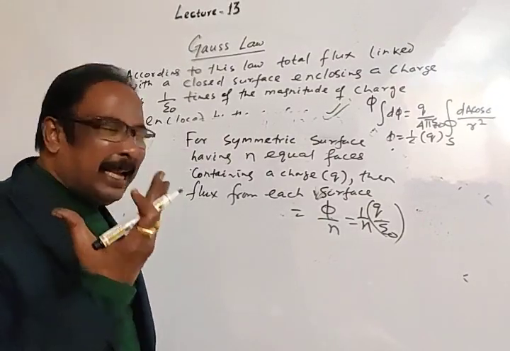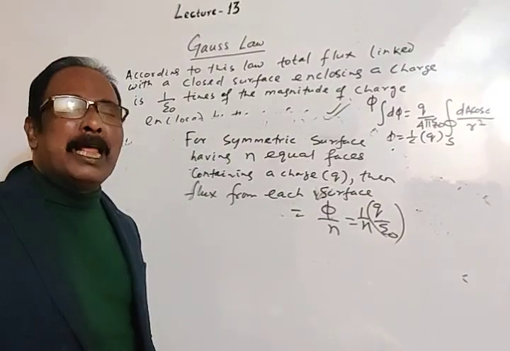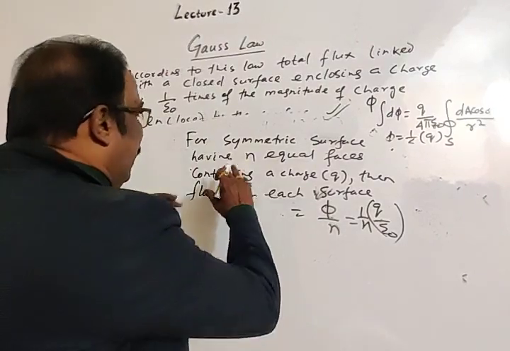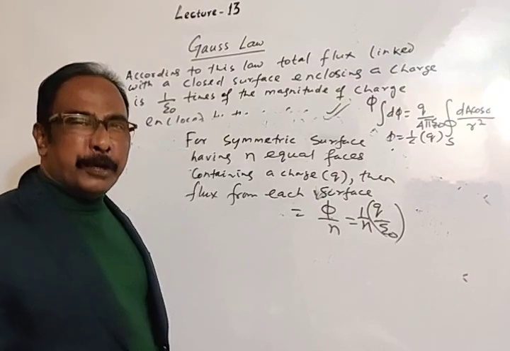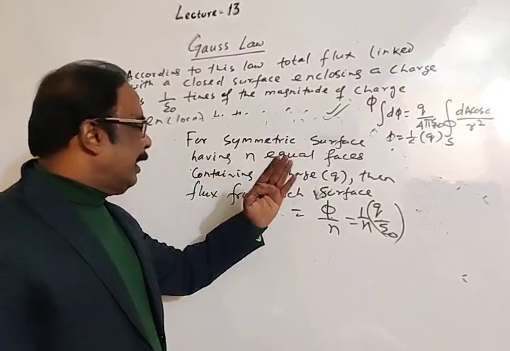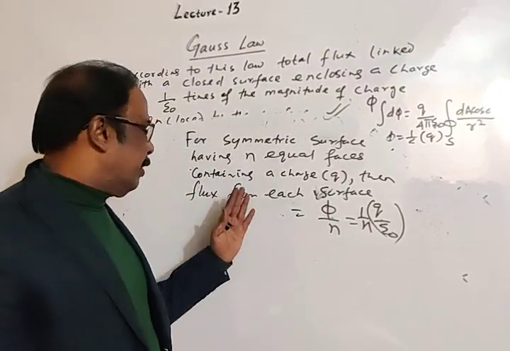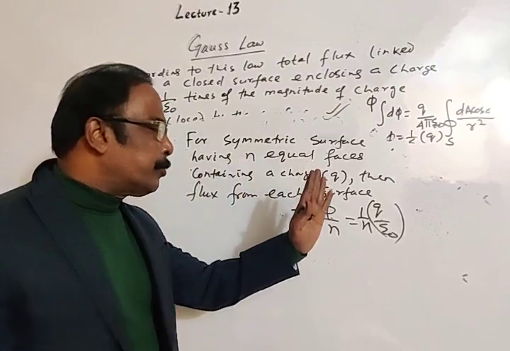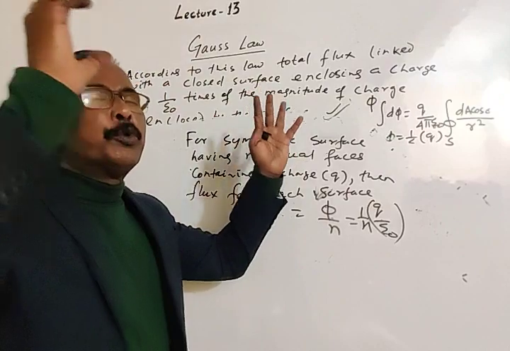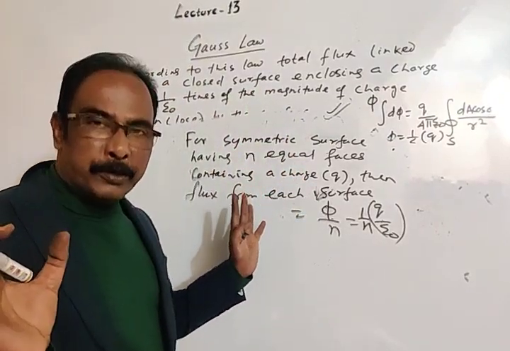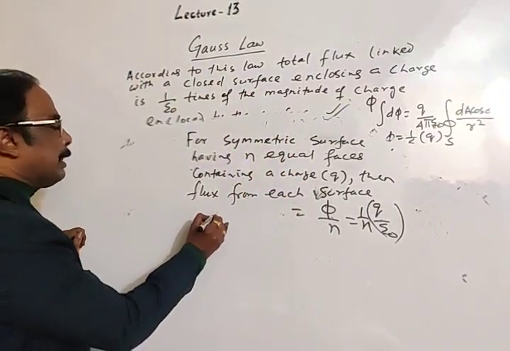If a symmetric surface having n equal faces contains a charge q, then the flux from each face will be 1 by n times the total flux associated with the whole surface. Let's take an example.